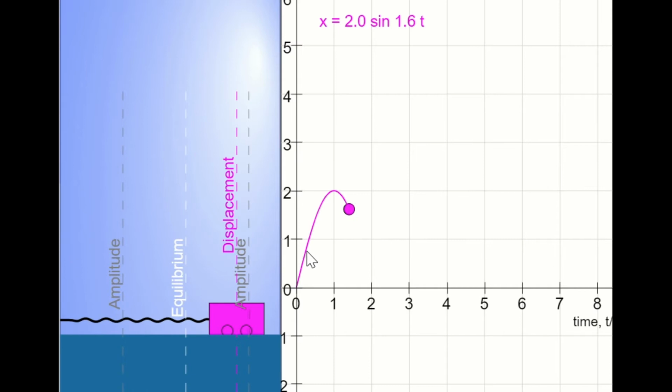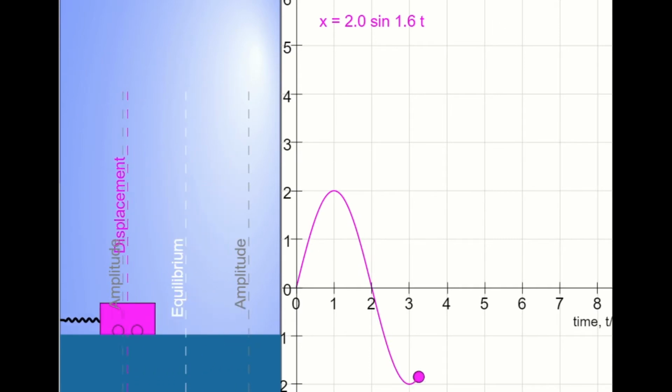Okay class, as you can see here, when the car is moving to the right, the graph is on the positive side, and when the car is moving to the left from the equilibrium position, it is a negative displacement. So basically this is the graph of displacement.